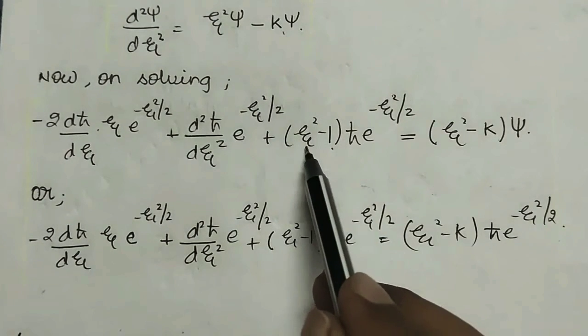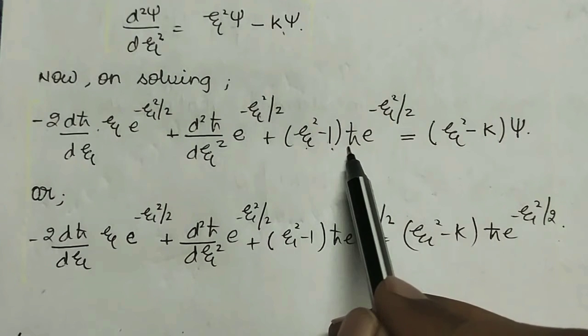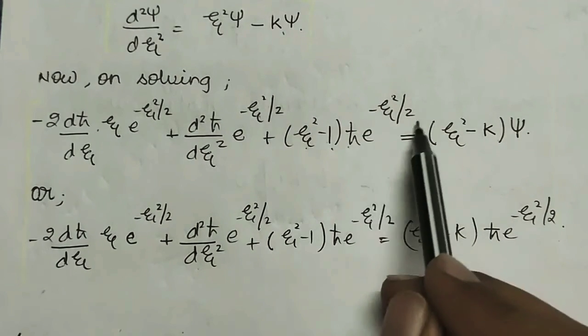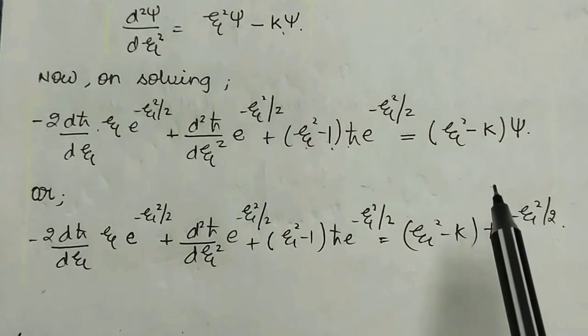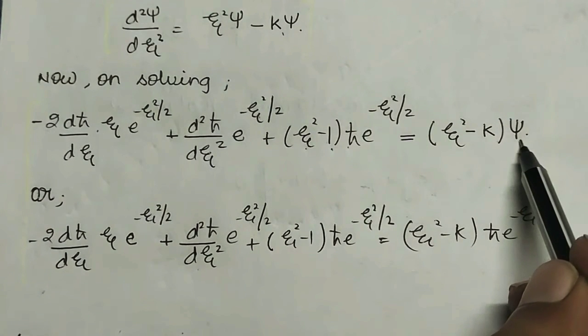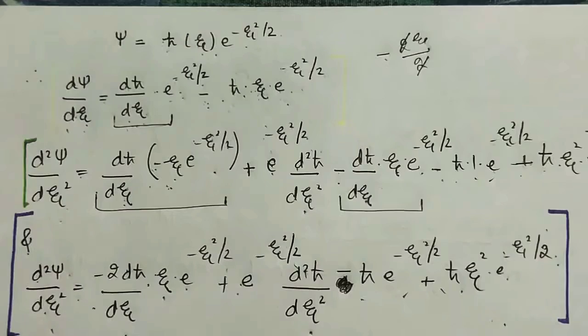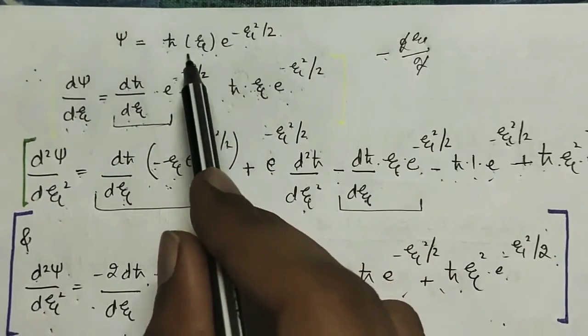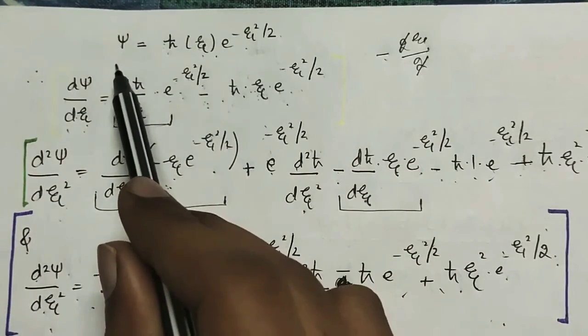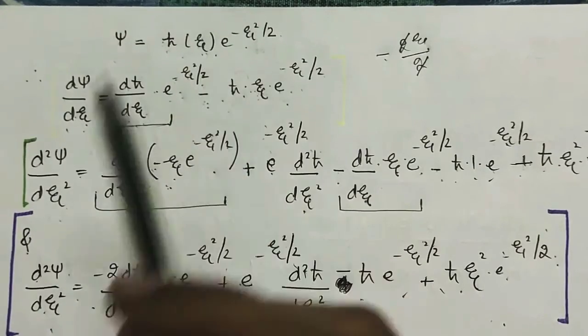Now e to the power minus j square by 2 is common, h cross e to the power minus j square by 2. As we know that in the first equation we let psi equal to h cross e to the power minus j square by 2. This is the value. Actually h cross is the function of j, so j is not written there.